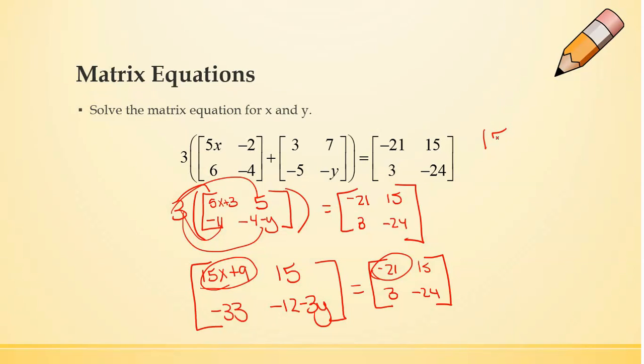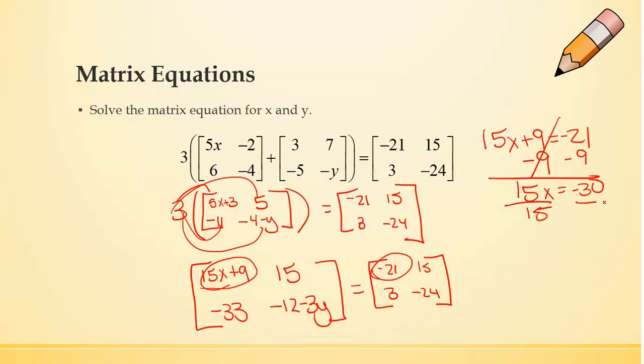So, let's find x. So I know 15x plus 9 equals negative 21. So let's start solving here. So I subtract 9, get negative 30, divide by 15. So x equals negative 2. Now, I still need y though.